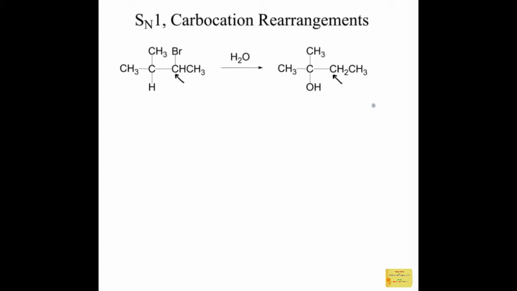First of all, once again, let's confirm our mechanism. Does this look like it should be an SN1 mechanism? Could it be an SN2? Well, our leaving group's on a secondary carbon. That's okay for an SN2, but tell me about your nucleophile. This looks like a pretty weak nucleophile because it's neutral, it's stable. So we're not going to have an SN2.